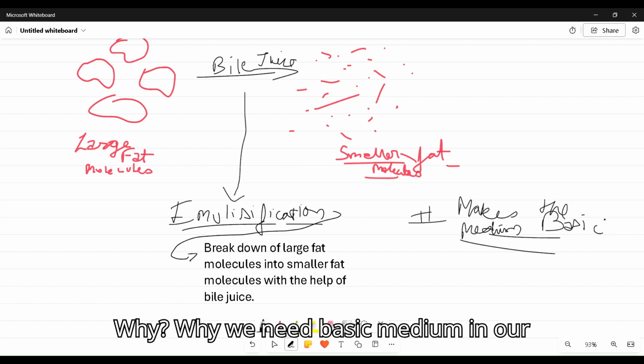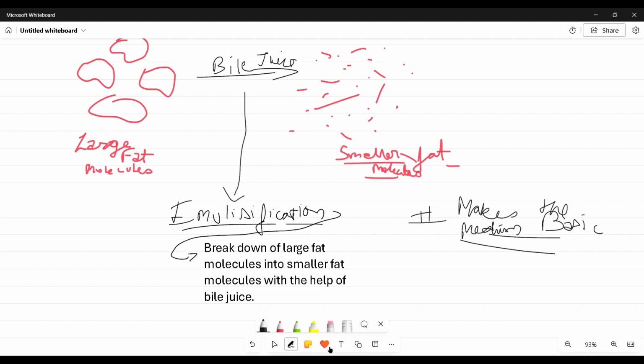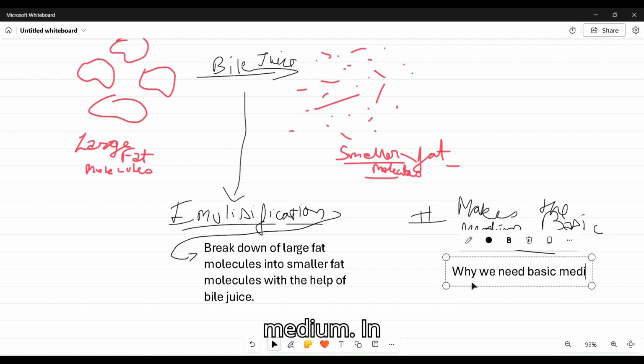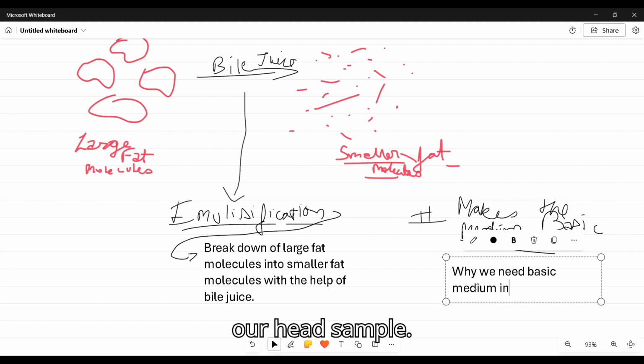Why do we need a basic medium in our intestine?